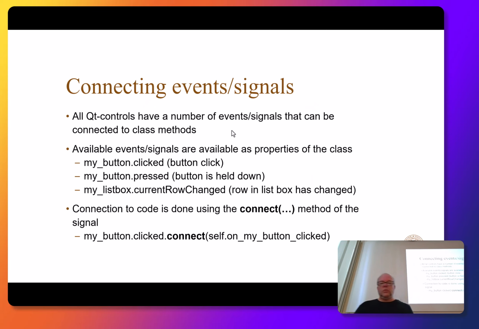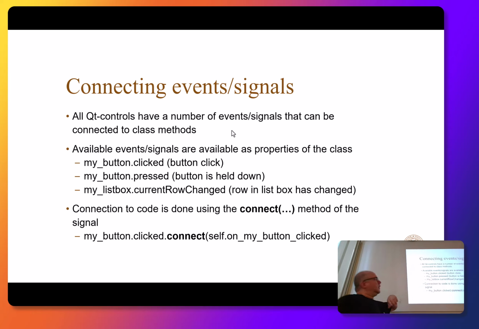Of course, a button is kind of completely useless if you don't connect it to your code. And what we are going to do is connect signals from the button to my code. There are different signals that you can connect from. The one for a button, which is kind of the most used, is the .clicked signal.